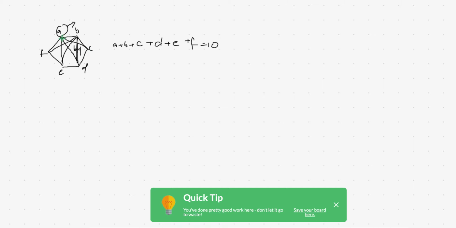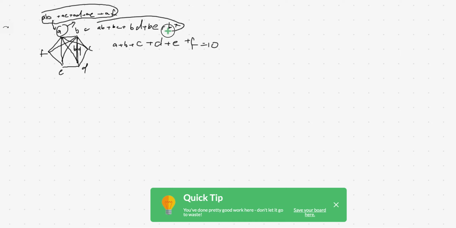So for example, for A, we have A times B plus A times C plus A times D plus A times E plus A times F. For B, we have A times B plus B times C plus B times D plus B times E plus B times F. Then we do that for all A, B, C, D, E, F, and take the sum of these. So the question is, what is the maximum value of all of these sums?